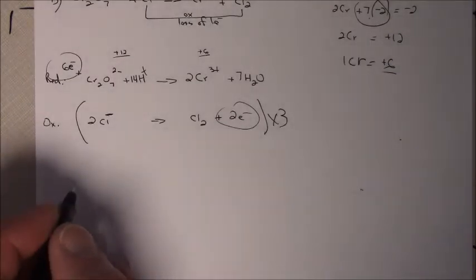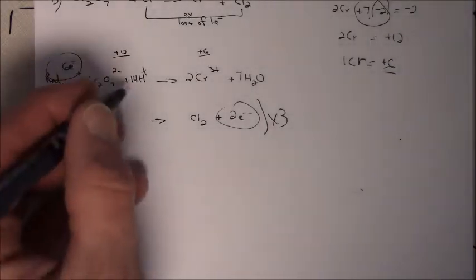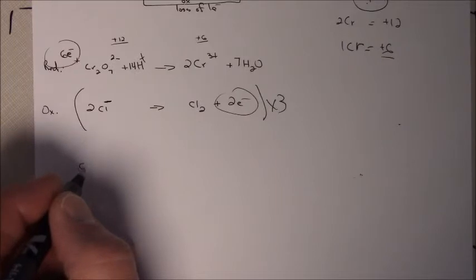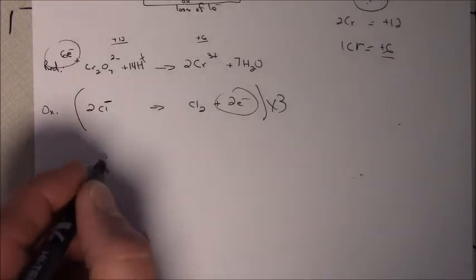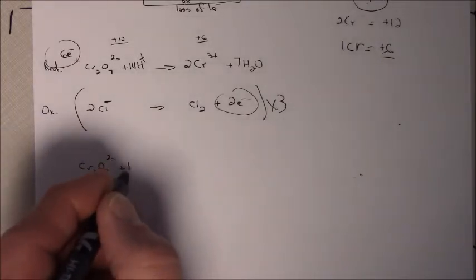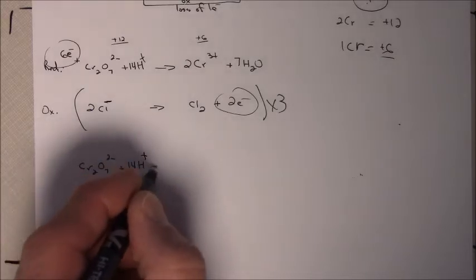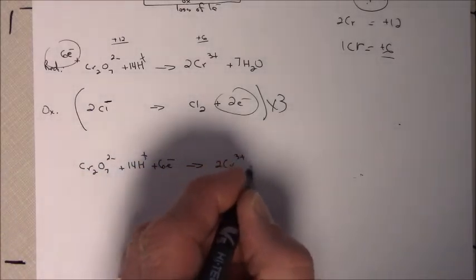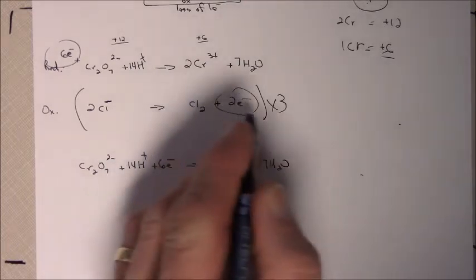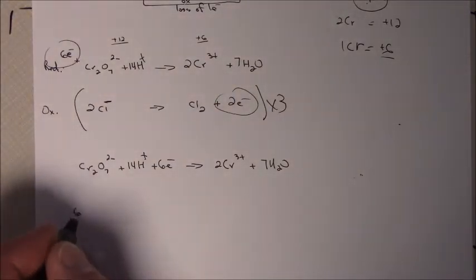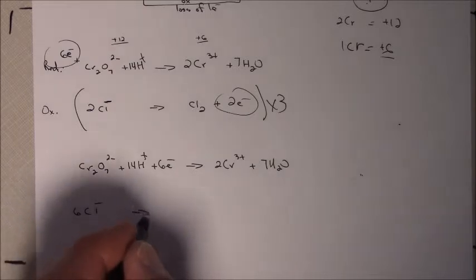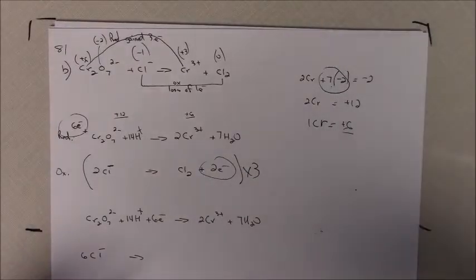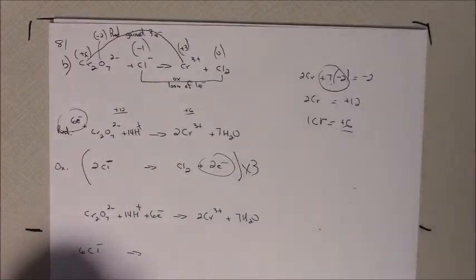So if I do that, I could rewrite both of them again just to illustrate. And a lot of books like to try and put it all on one side. It doesn't really matter. 6 electrons plus 14 H+ plus Cr2O7 2- goes to 2 chromium 3+, plus 7 H2O. Multiply this by 3. Well, you got 6 Cl minuses. All right, let's finish this.